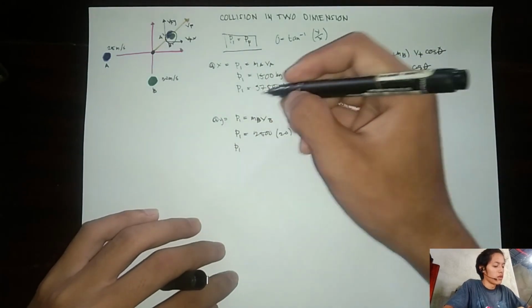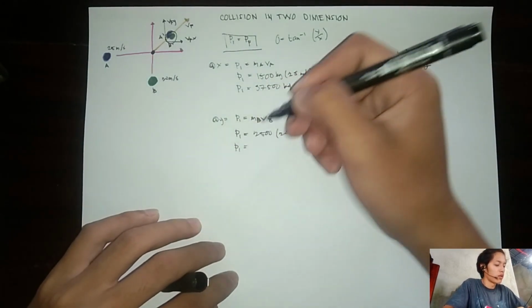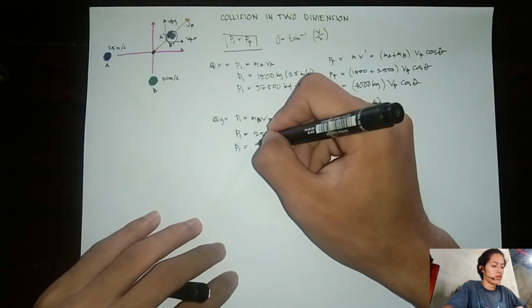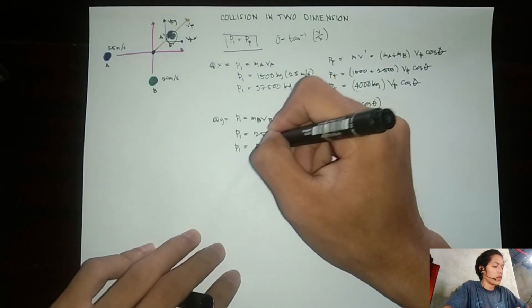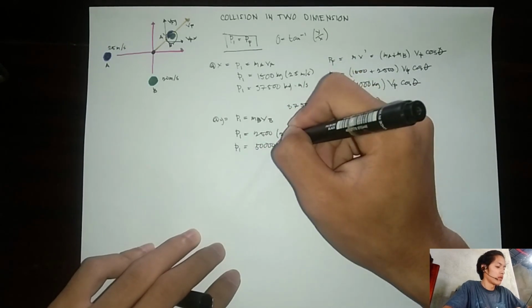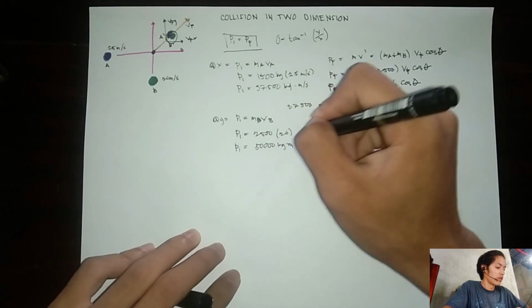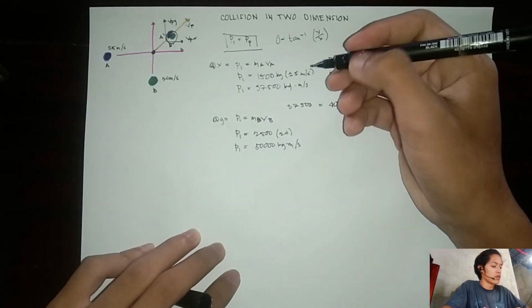So, initial at y component is equal to 50,000 kilogram meters per second.